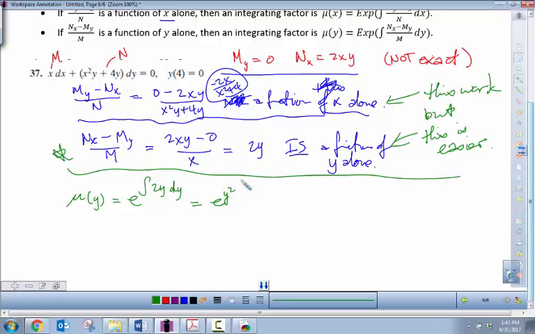I think that's y squared, right? So that's your integrating factor. So somehow, if you multiply this differential equation by this, it'll magically be exact. I don't know if I believe that. Do you believe that?